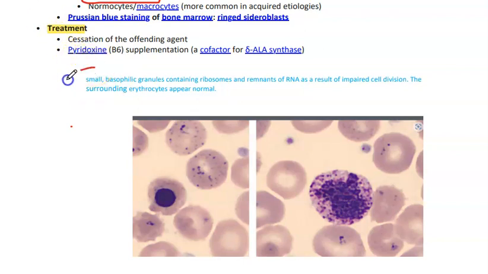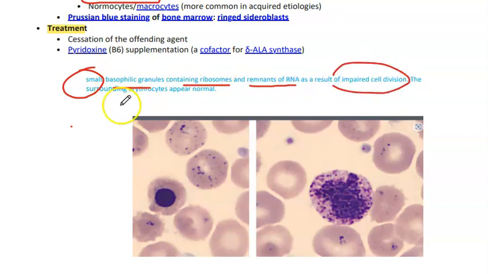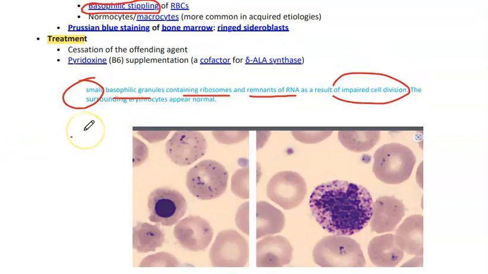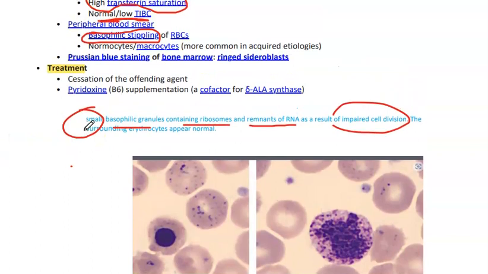In basophilic stippling, we find small basophilic granules which contain ribosomes and remnants of RNA as a result of impaired cell division. Surrounding erythrocytes appear normal. So you will find the basophilic stippling.